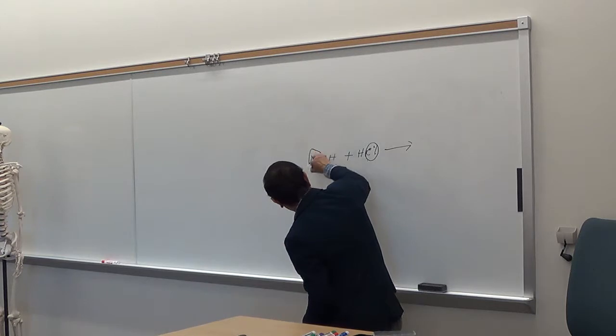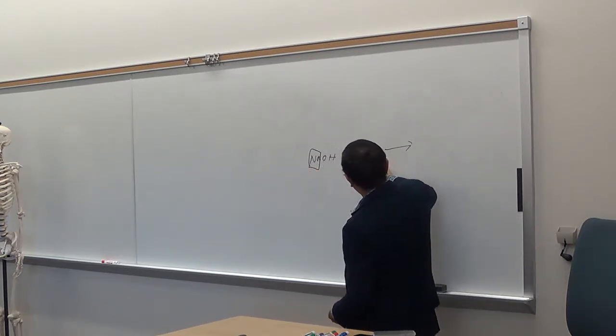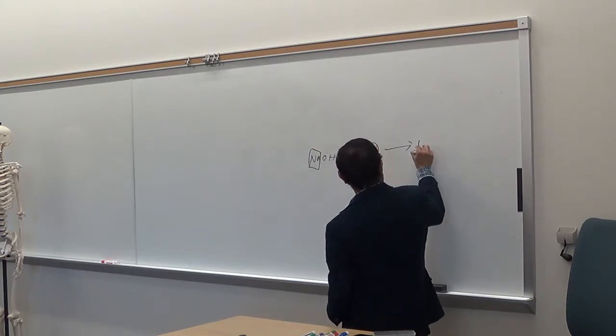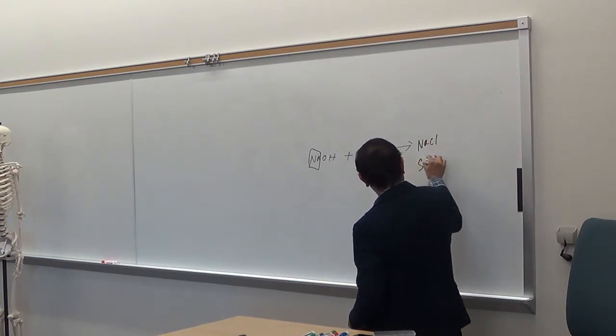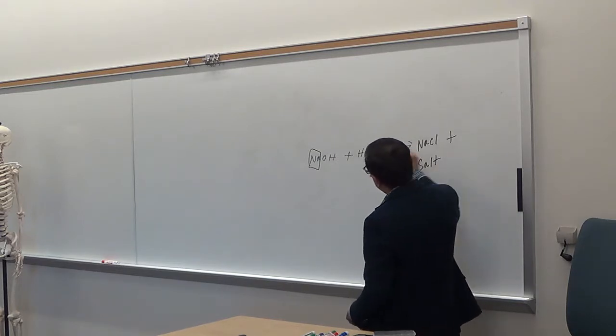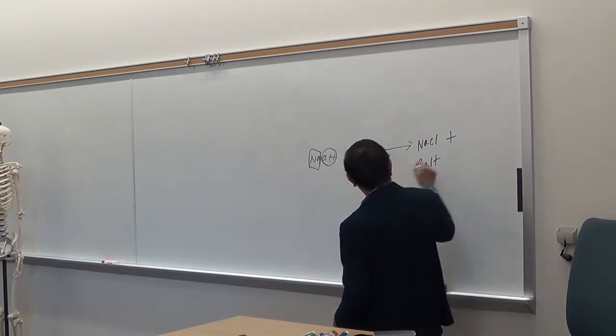This part, sodium of sodium hydroxide and chlorine of hydrochloric acid, join together to form sodium chloride, which is the salt. You know that. The salt we eat. And then H and OH join together, these two, to form what?